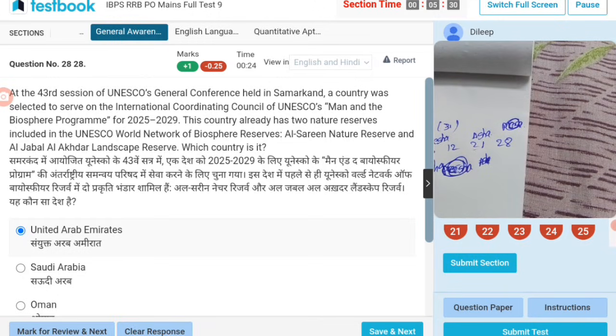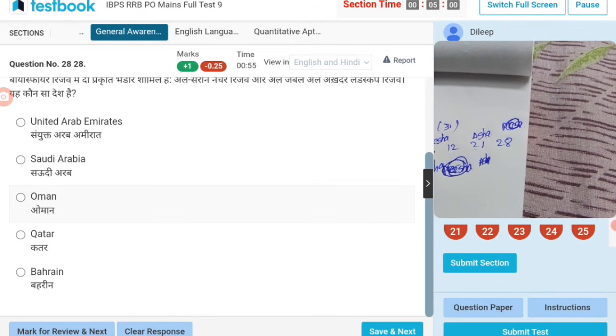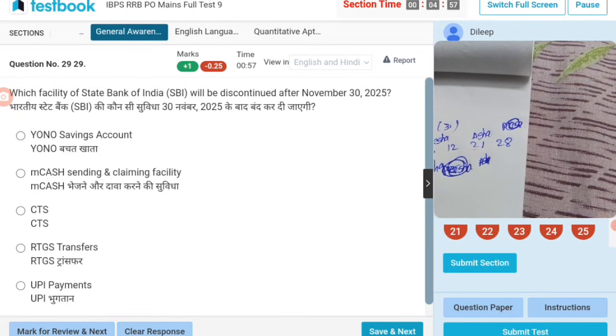So which country, United Arab Emirates or Saudi Arabia? So which facility? State Bank of India.